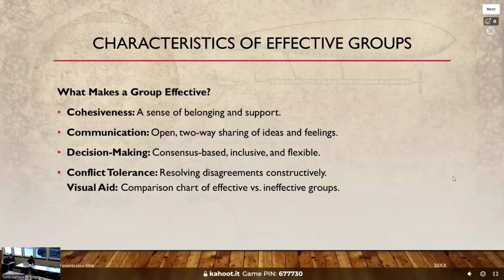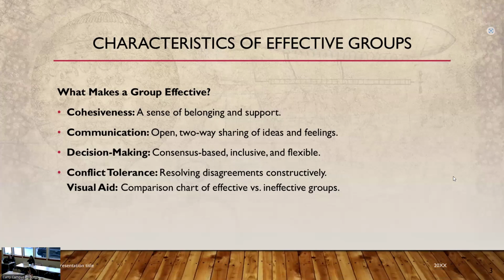Characteristics of effective groups. One is cohesiveness, sense of belonging and support for all of the members involved. Communication should be open, two-way sharing of ideas and feelings. Decision-making, consensus-based is ideal, inclusive and flexible.